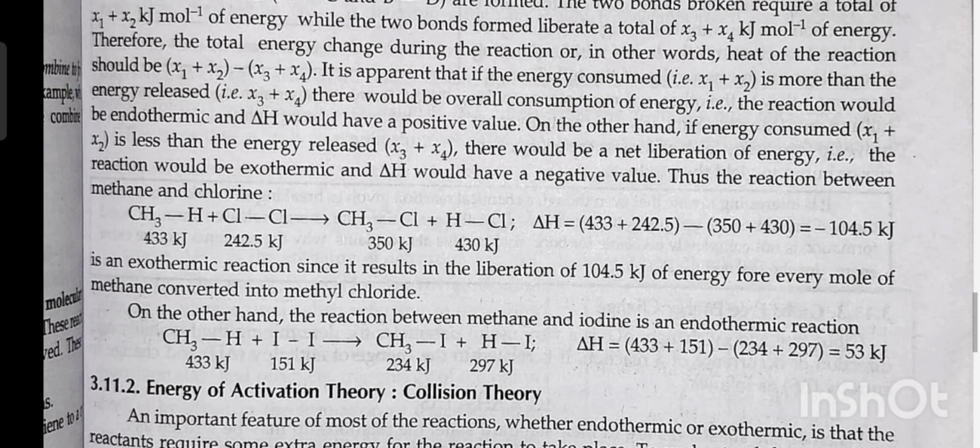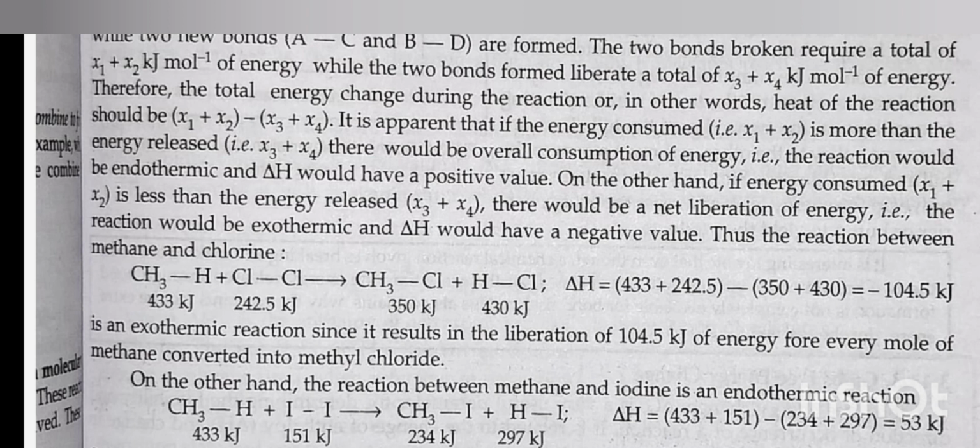On the other hand, if the energy consumed, x1 plus x2, is less than the energy released, x3 plus x4, there would be a net liberation of energy, such that the reaction would be exothermic and the heat of reaction would have a negative value. Thus the reaction between methane and chlorine.